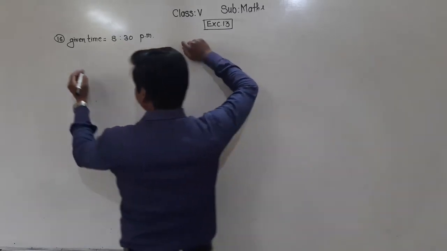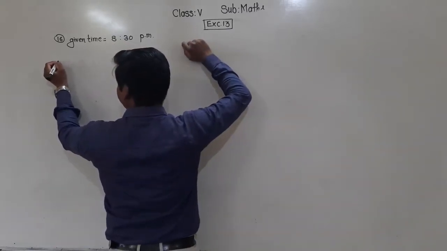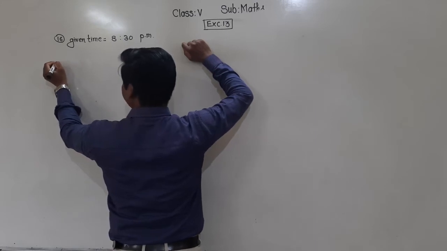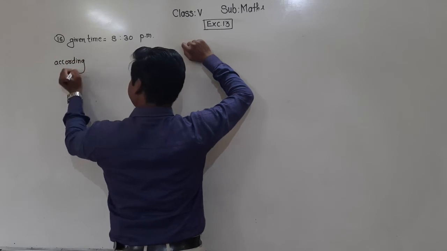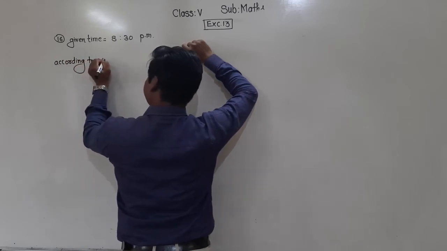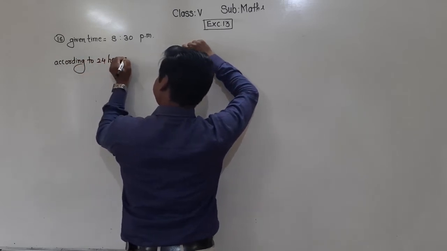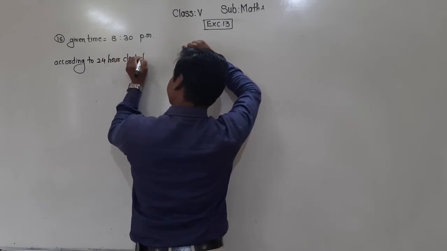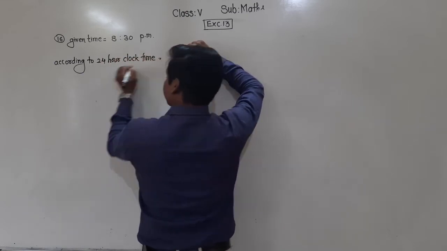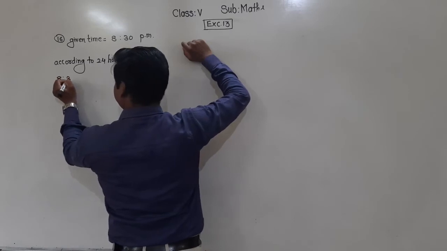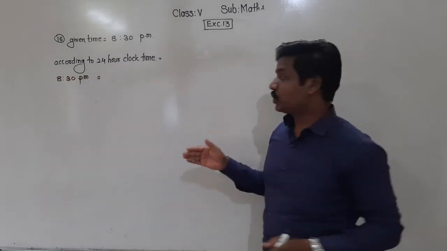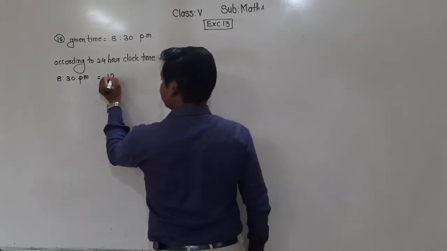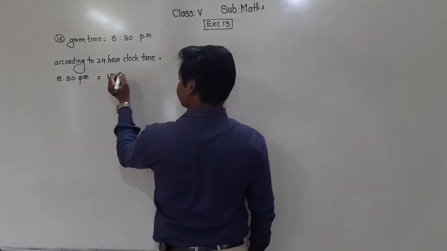To convert this into 24-hour clock time, we simply add 12 plus 8:30.